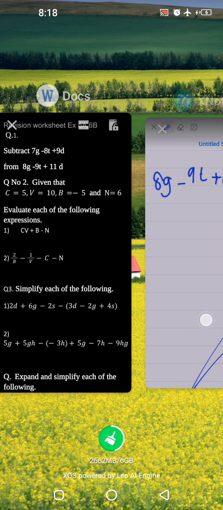Subtract this from this, so the last one is written first and the first one is written last.